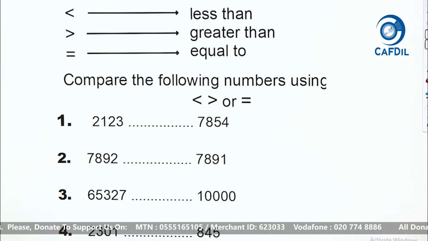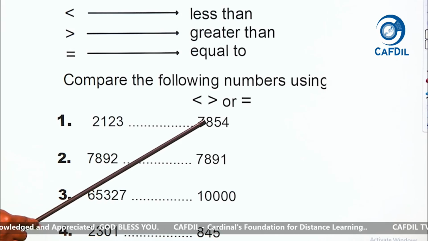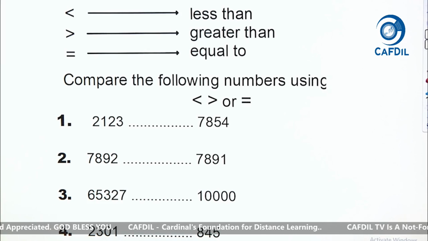We compare the digits one after the other. So here we start comparing with the first one. You don't start from the bottom. So the first digit is 2 for this, and then when we come here, it is 7. We can easily tell.